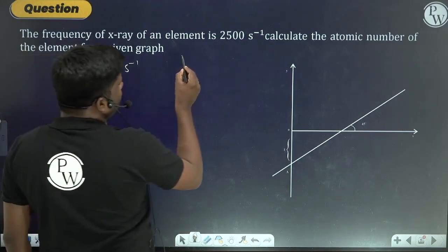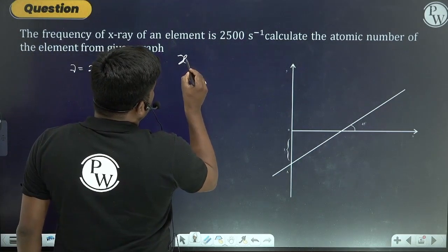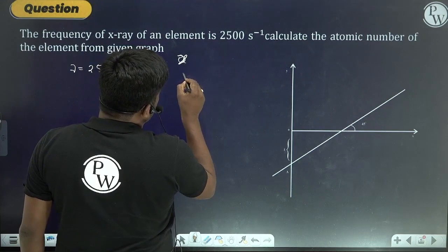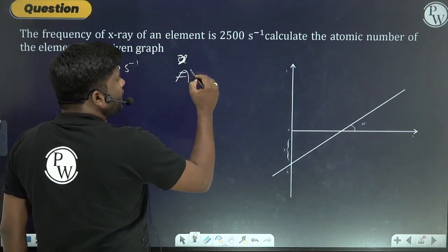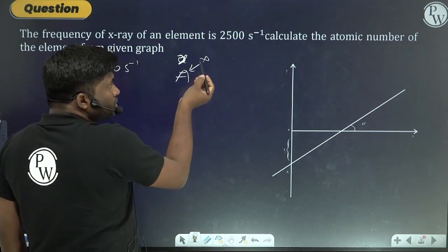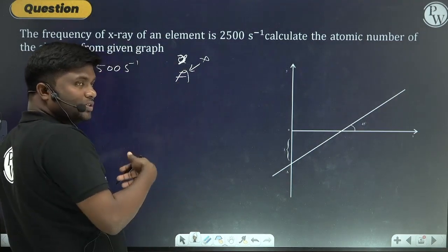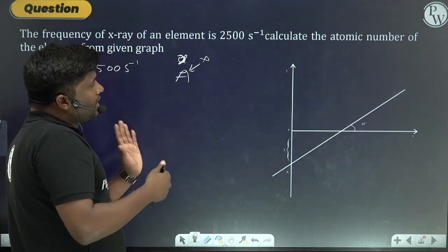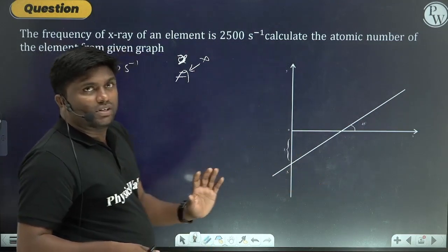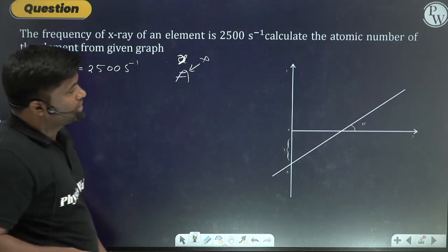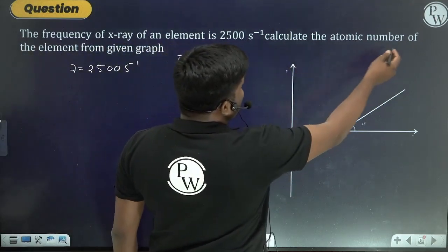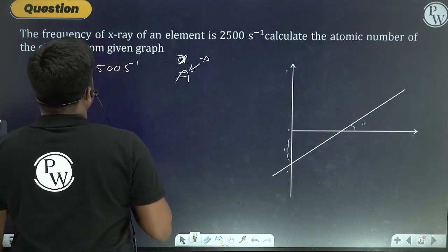He has an element, for example A. Through this A, he passes X-rays. This element A absorbed some X-ray frequency and emitted some frequency. The emitted frequency is 2500 second inverse, and we calculate the atomic number from the given graph.